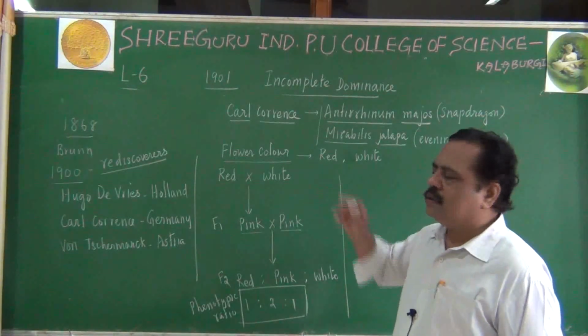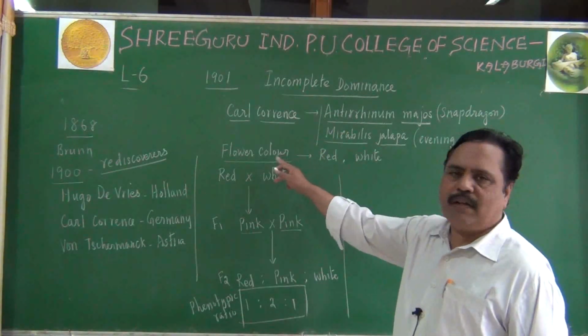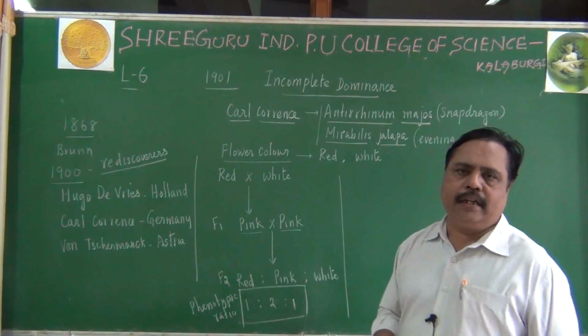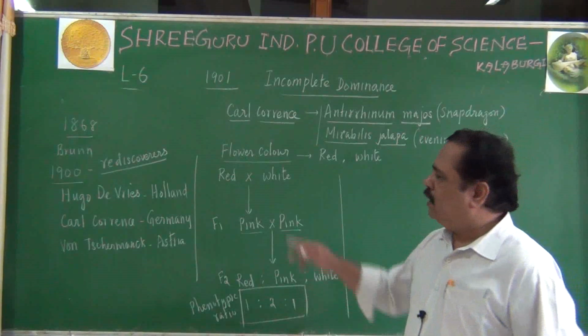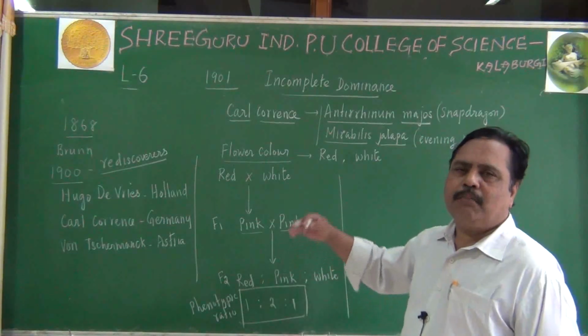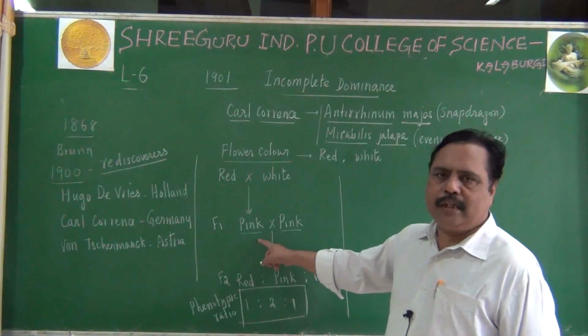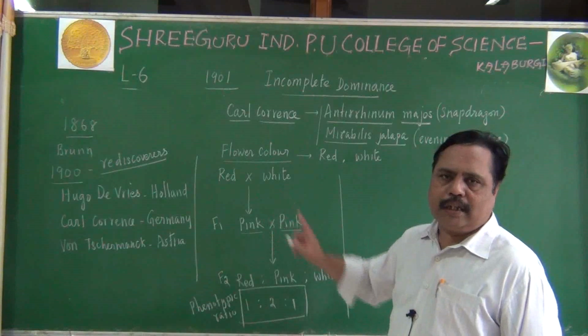Now Correns realized that the flower coloring in snapdragon does not follow Mendelian dominance. They show some deviation. They inherit the flower color by a different method. A new character has appeared. Neither the male parent nor the female parental character appeared.